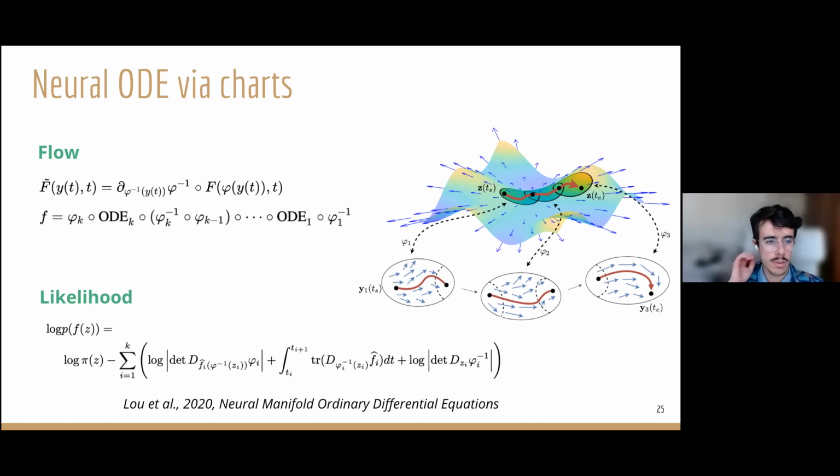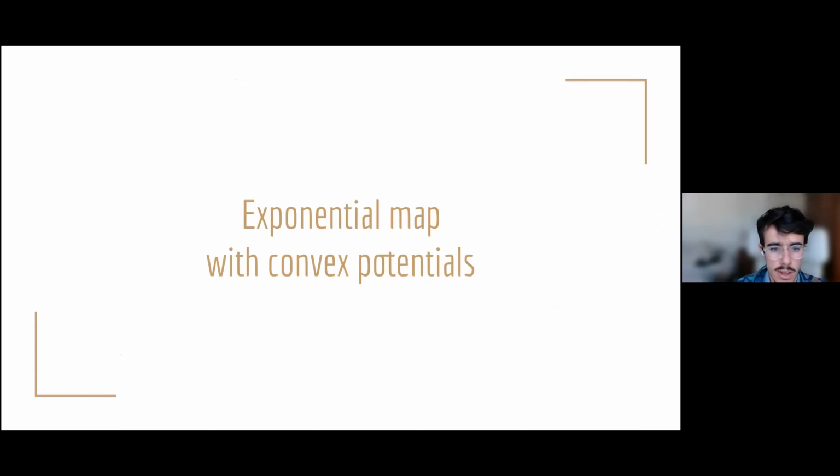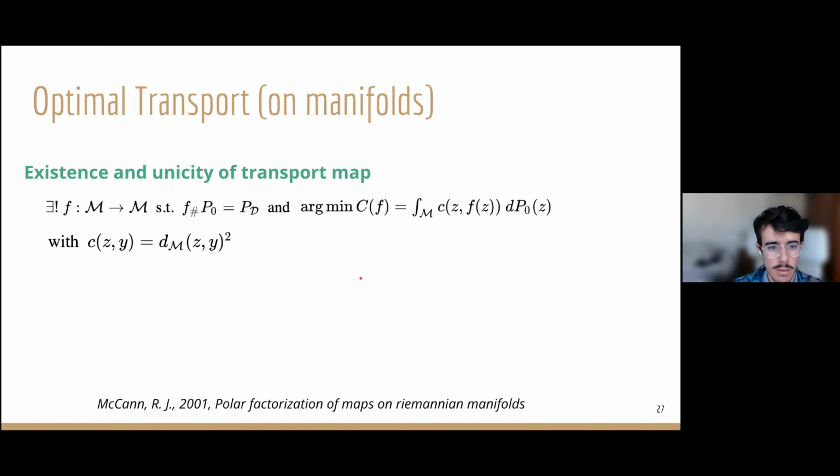So these were continuous normalizing flows based on neural ODEs. Another class of methods are flows defined via the exponential map of a convex potential. For those who are familiar with optimal transport, that's maybe obvious or at least makes sense.